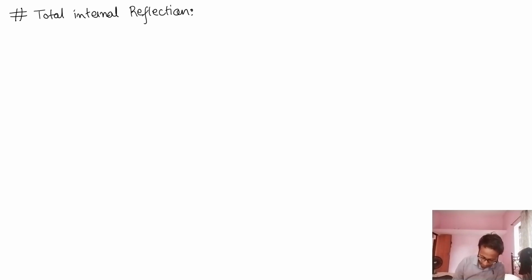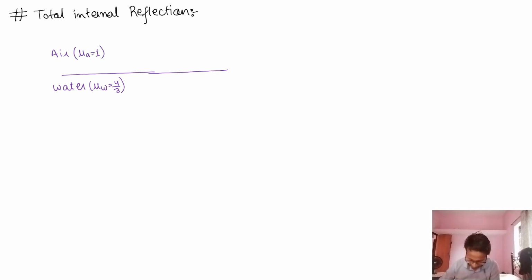Suppose a glass slab is there or a water air surface is there. By now we know that the refractive index of water is greater than the refractive index of air. So suppose a ray of light is traveling in water.